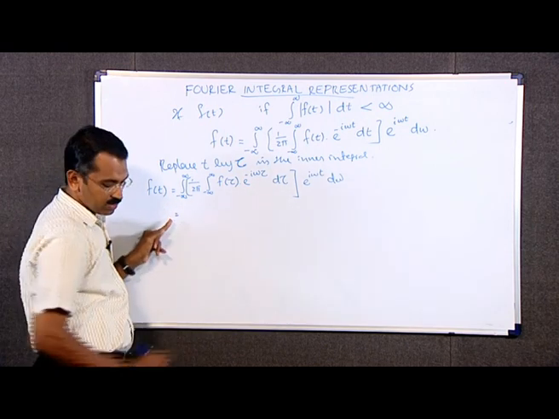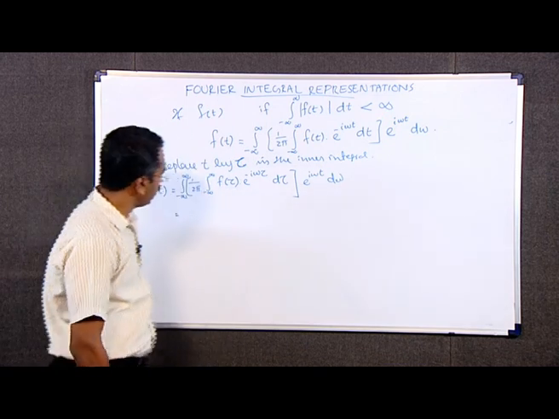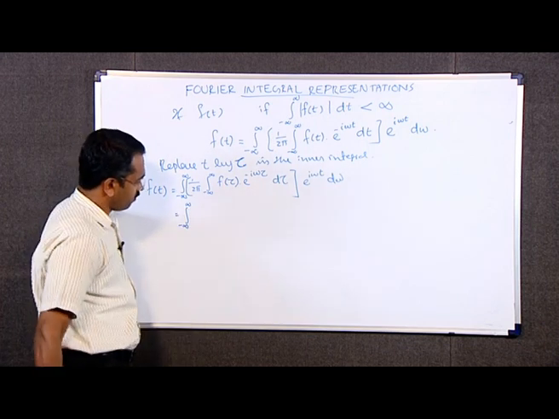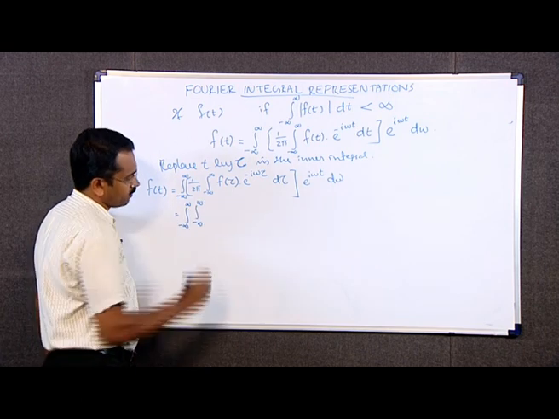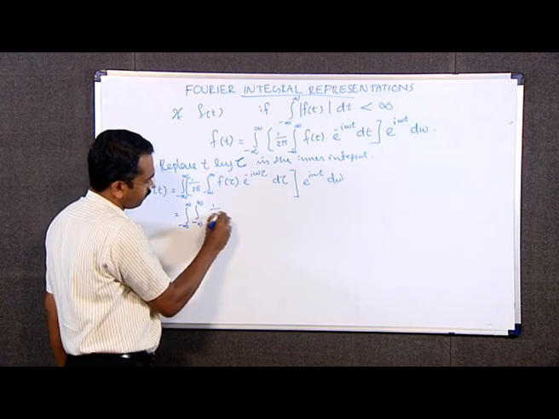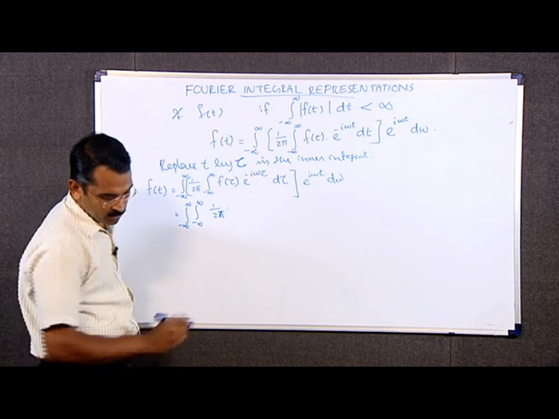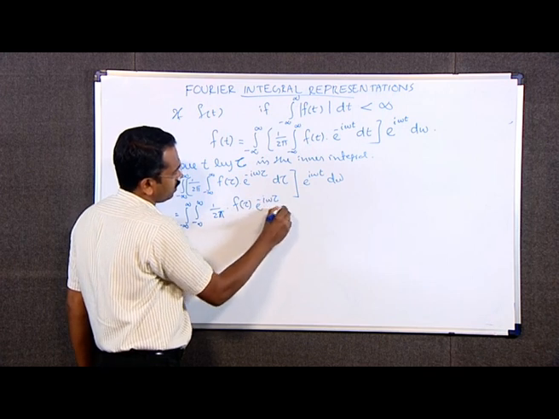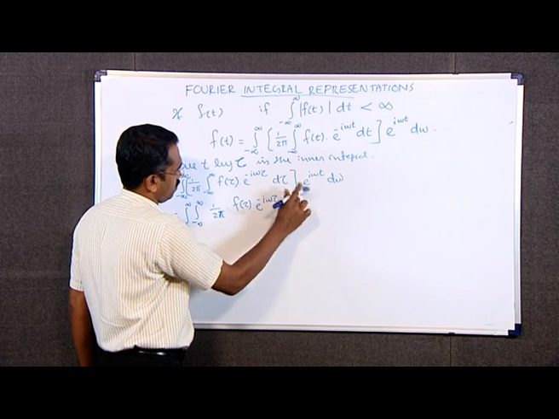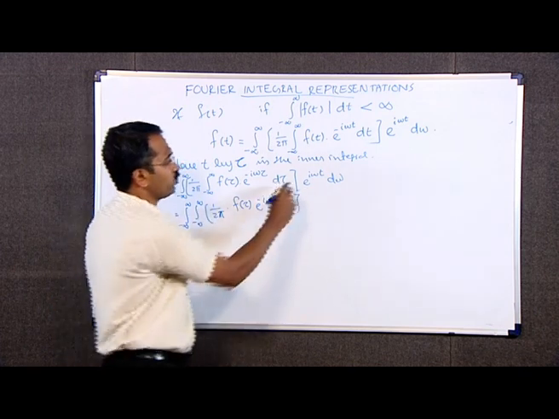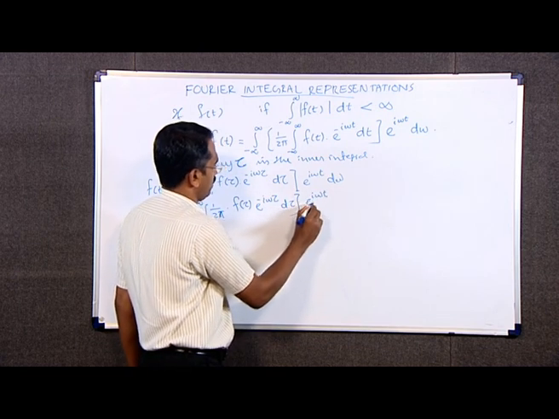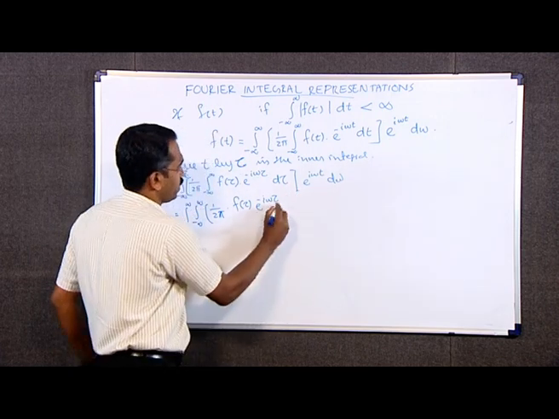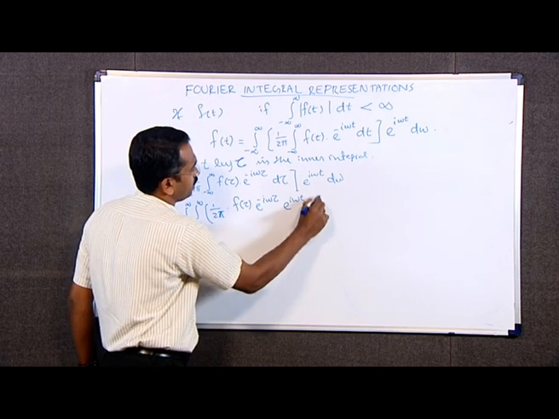We can write f of t as equal to the double integral from minus infinity to infinity of 1 by 2 pi into f of tau e raised to minus i omega tau, into e raised to i omega t d tau d omega.